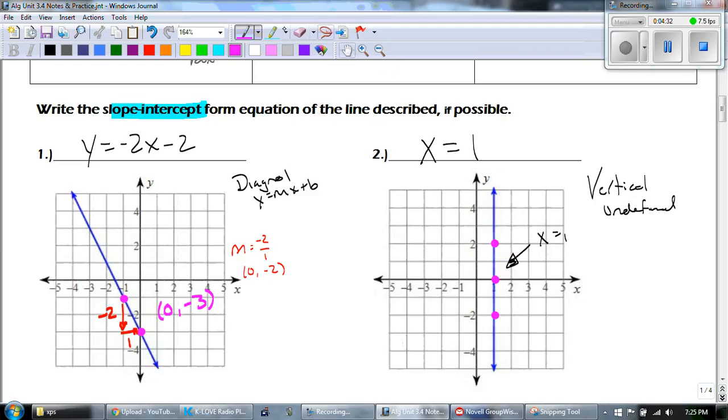I just picked 3 random points. One of those is (1, 2), one was (1, 0), and the other was (1, -2). The thing they all have in common is x equals 1.